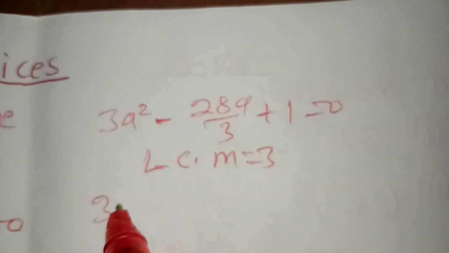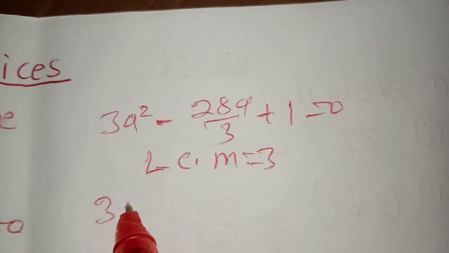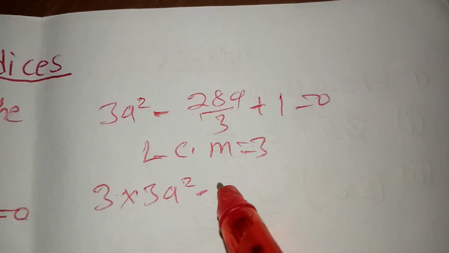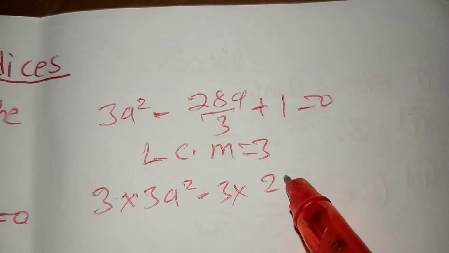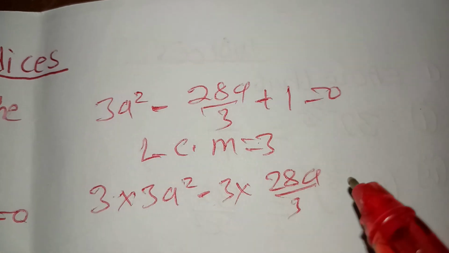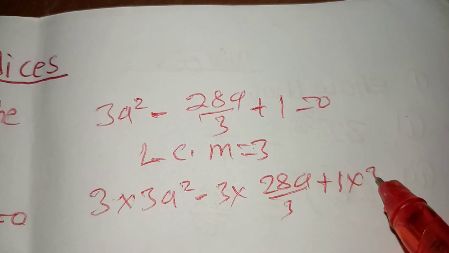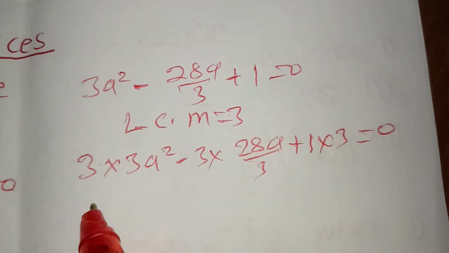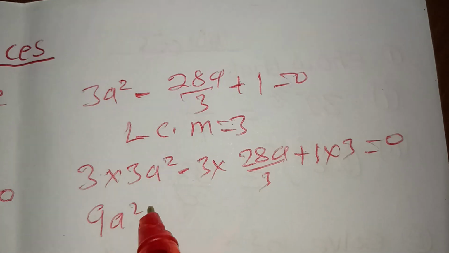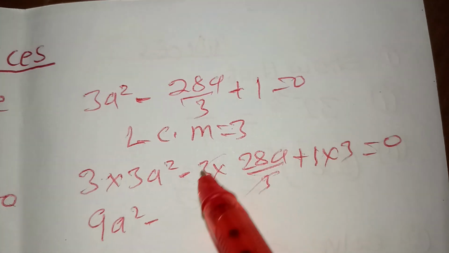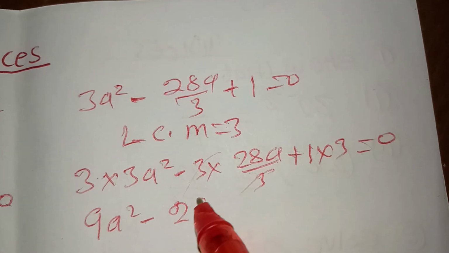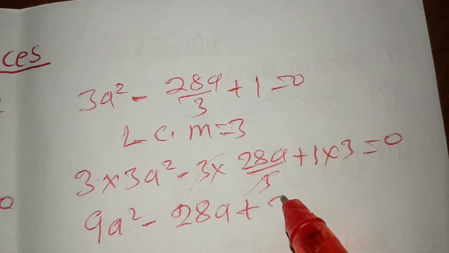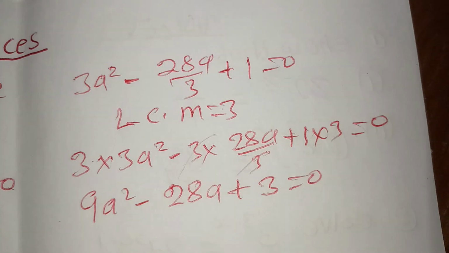We have 3 times 3a squared, minus 3 times 28a over 3, plus 1 times 3 equal to 0. So here 3 times 3 will give us 9a squared. Then this will go away. We have 28a plus 3 equals 0.